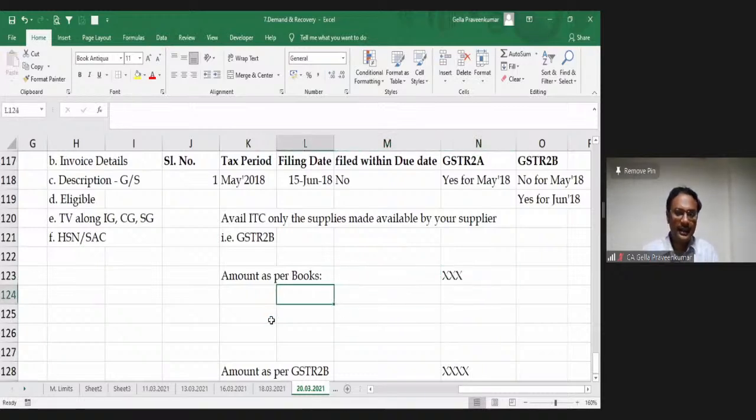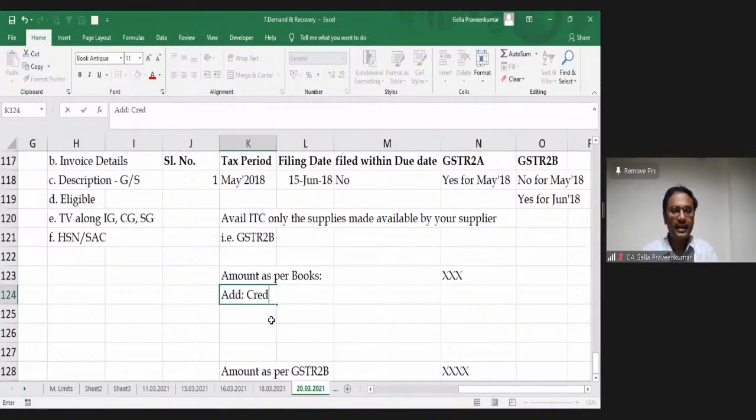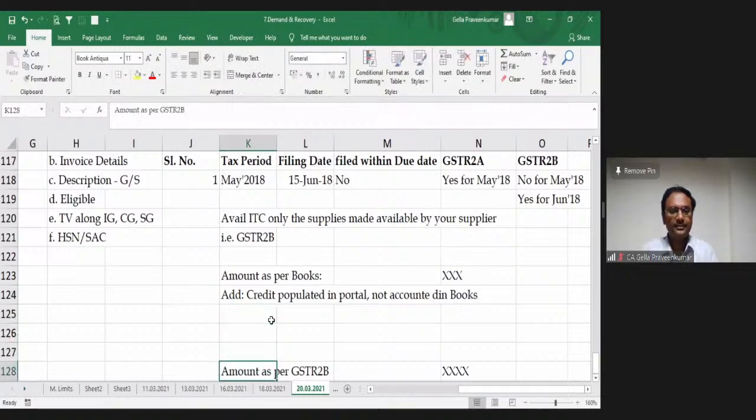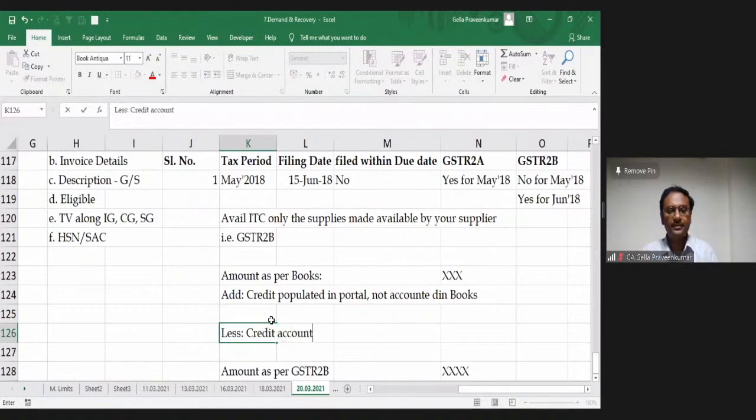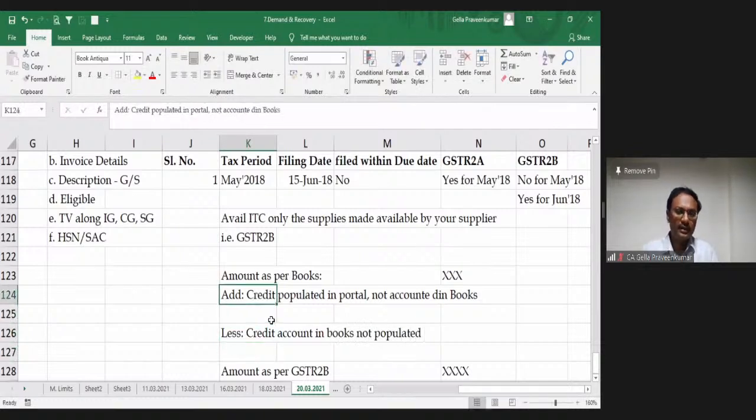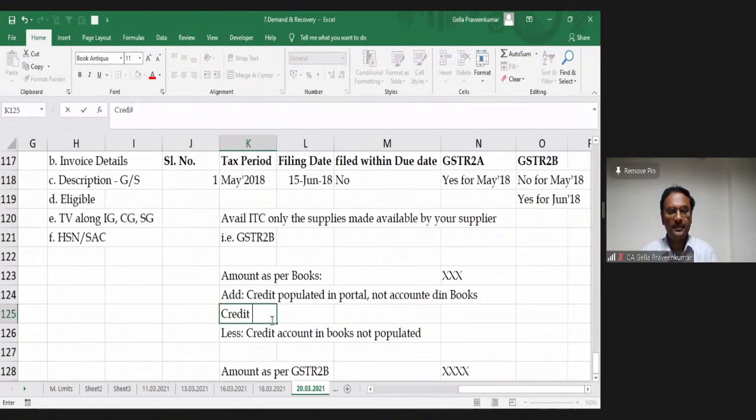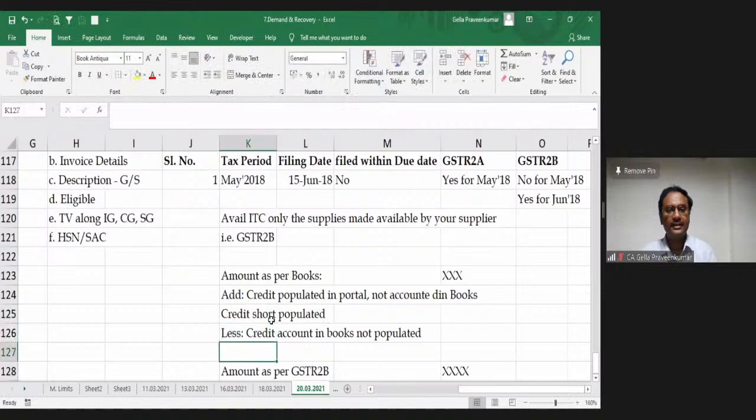Now, here I'll say add credit populated in portal, not accounted in books, less credit accounted in books, not populated, add credit short populated, less credit excess populated.